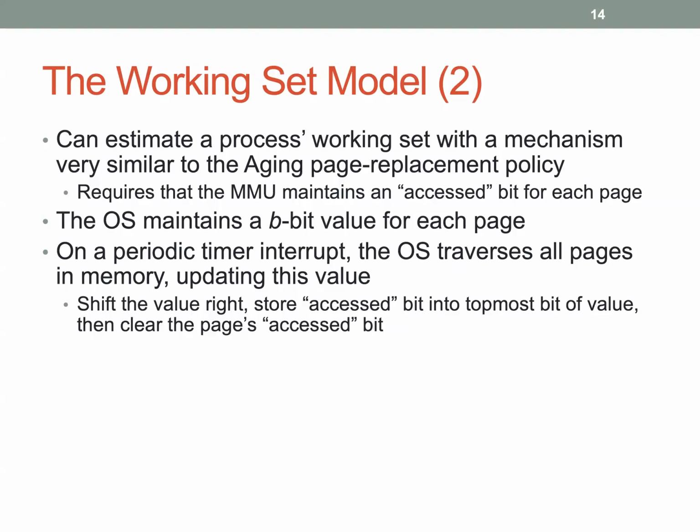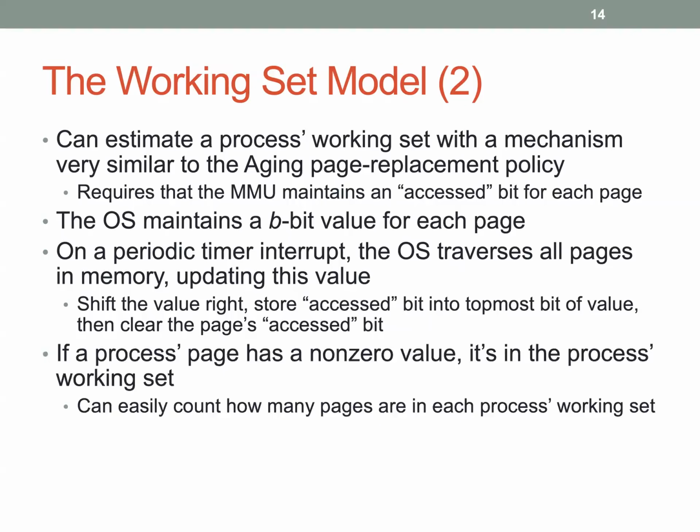So if it hasn't been accessed since the last time we checked, we put a 0 in there. If it has been accessed, we drop a 1 in, okay? And so this is a much coarser grain mechanism. I hope everybody's getting that. You're looking at this and saying, well, that sounds exactly like aging. Yeah, it's just a lot coarser grain than the aging model used for page replacement.